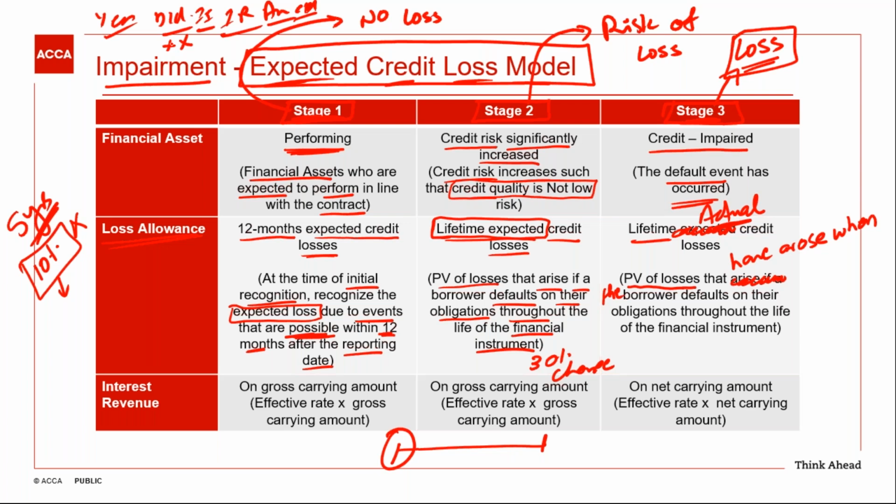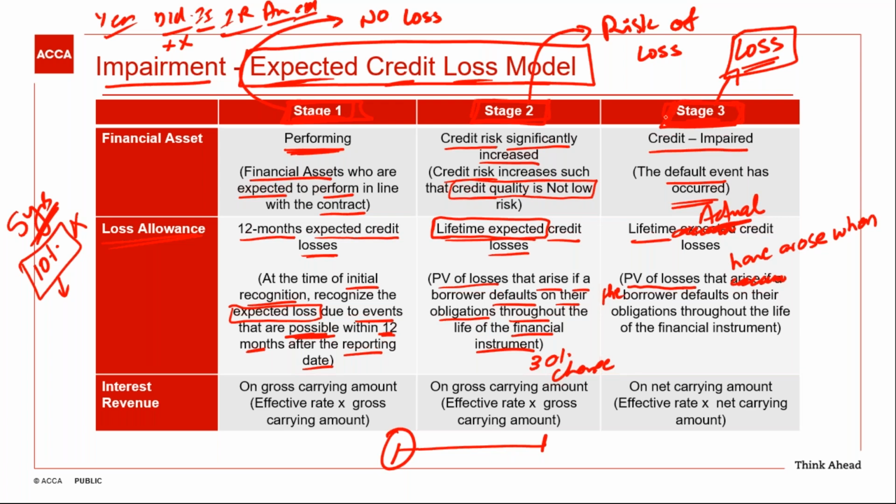Okay, the SBR is telling the right answer. Basically, for stage 1 and 2, we are going to write the value before deducting the loss allowance. But in stage 3, we are going to write the value after deducting the loss allowance.